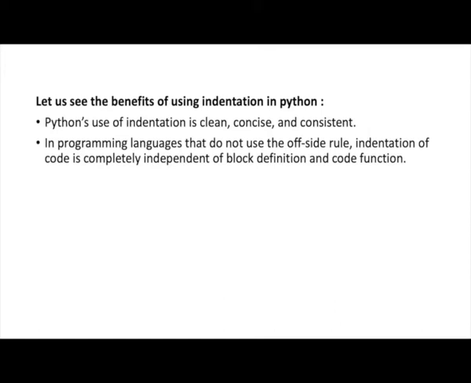Python's use of indentation is clean, concise and consistent. In programming languages that do not use the offside rule, indentation of code is completely independent of block definition and code function.